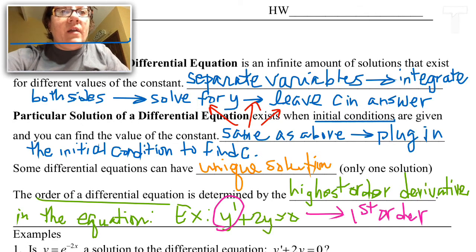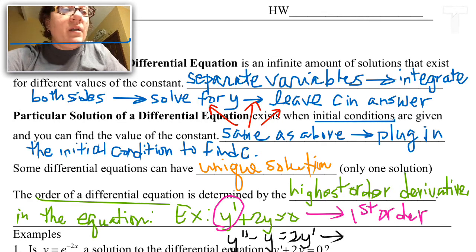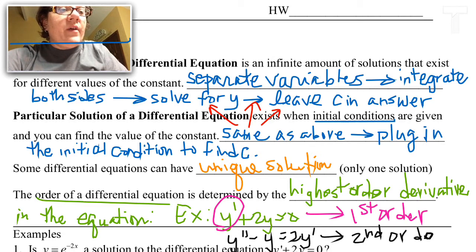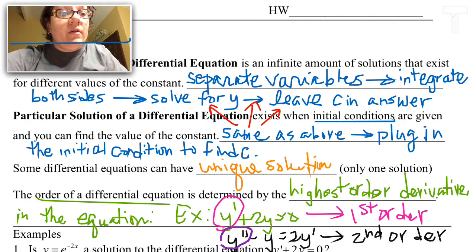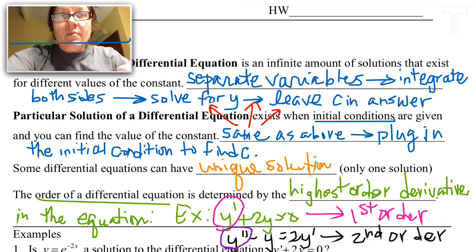Versus if I gave you something that looked like this, then this one would be a second order differential equation, because the highest derivative in it would be the second derivative. So just some new terminology.